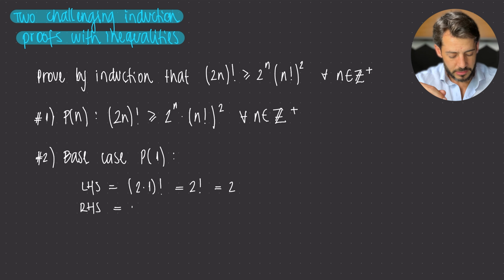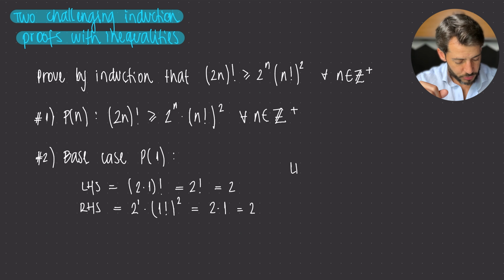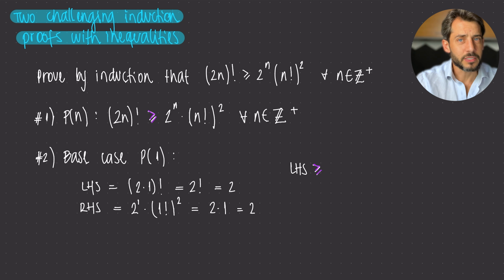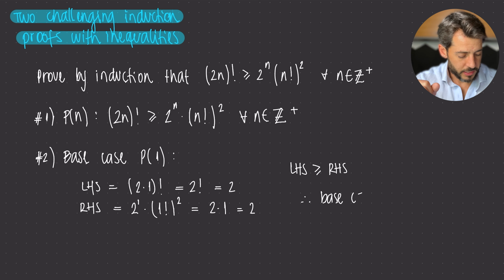And on the right-hand side, you have 2 to the first power times 1 factorial squared, which is equal to 2 times 1, which is also equal to 2. Now, we just proved that the left-hand side is greater than or equal to the right-hand side, which is what we expected. Therefore, the base case holds.